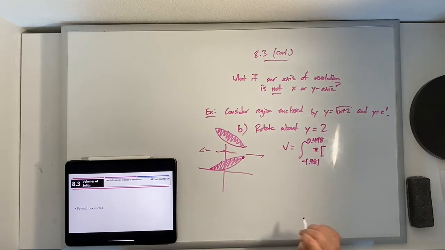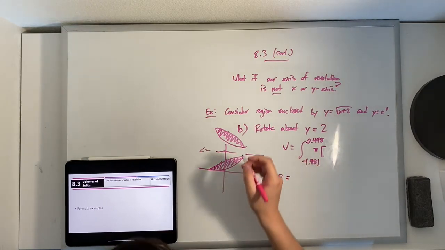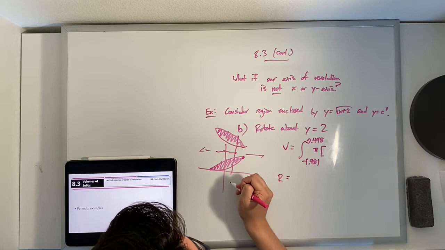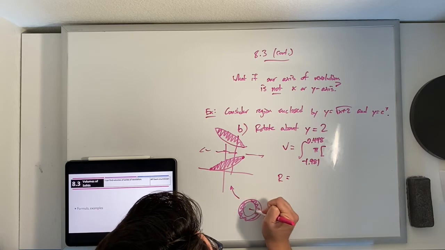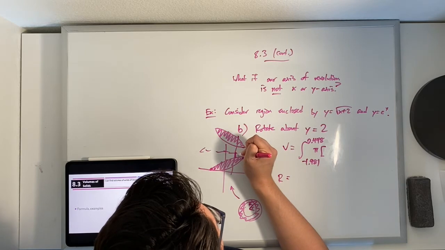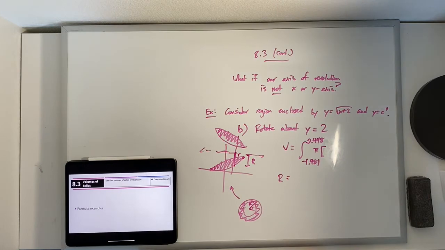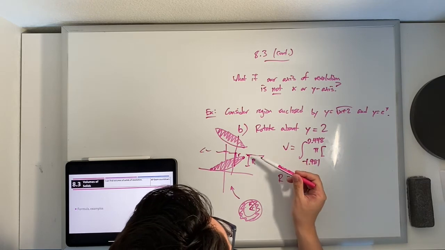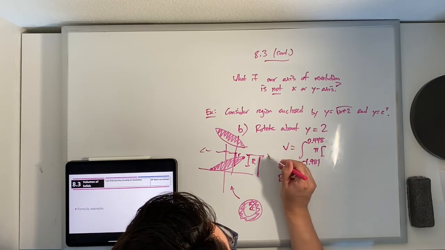Pi times, we need big R and we need little r. If we take a cross section, still a washer, we still have little r, we still have big R. But now this distance right here is little r, this distance right here is big R. So starting with big R, what is this entire distance here? We know that this is the line y equals 2.